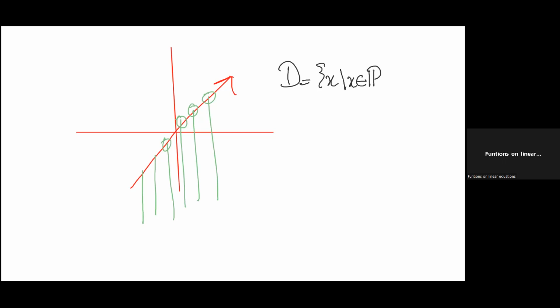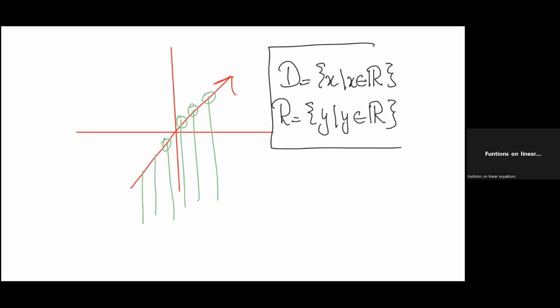That's it. And if someone asks, the range should be similar: y such that y is an element of real number. This domain and range is fixed for every straight line.